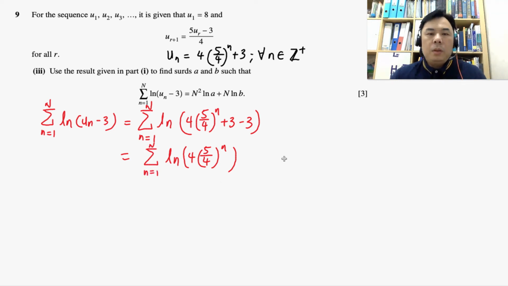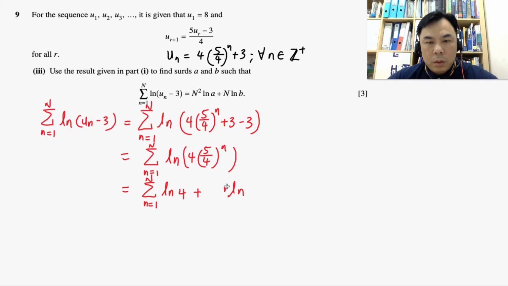Now from here it is basically up to you how you want to deal with this, but I find that the easiest way is to divide and conquer. Right, now you can split this up as ln 4 plus ln 5 over 4 here.